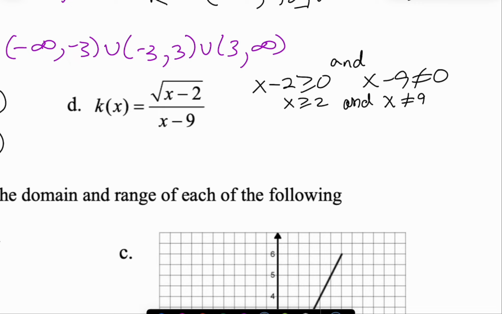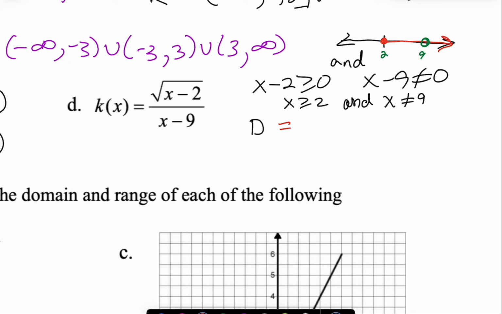Okay, so what does that mean as far as our domain? So if we just think of the normal x number line, for x is greater than or equal to 2, it'd be this. But we have to jump over 9. So we need a little open circle at 9. So let's write that down.